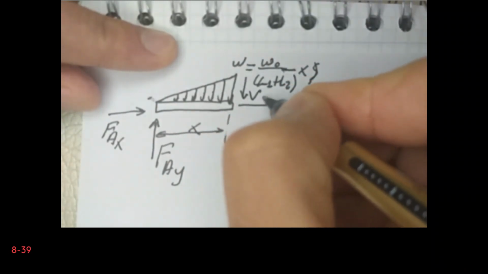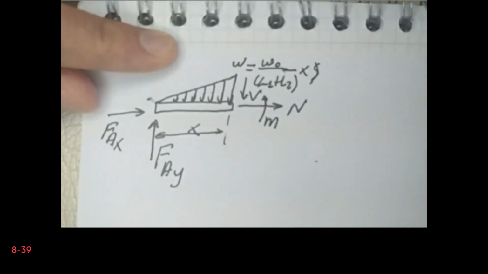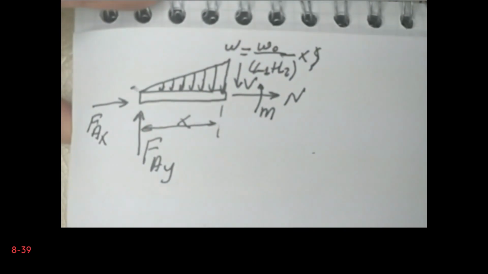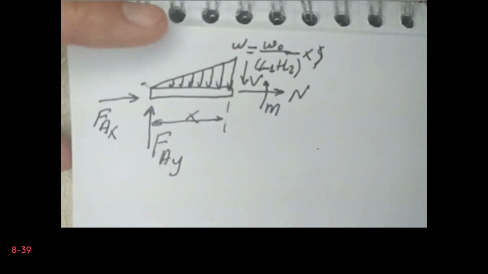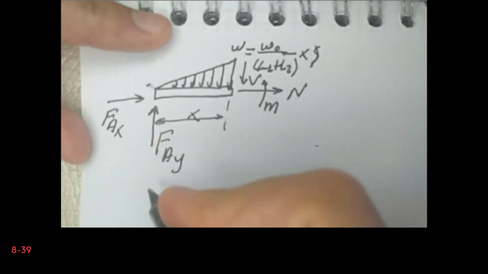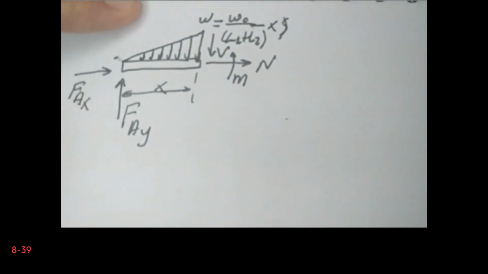So let's calculate the forces. In each direction we will write the force equilibrium for this configuration. First let us begin with the vertical component of the force. In fact, we have Fay.